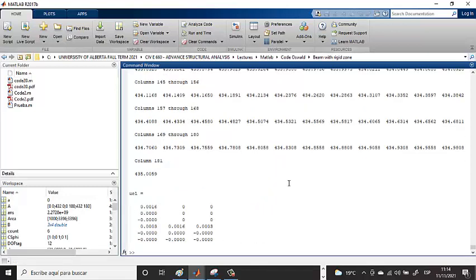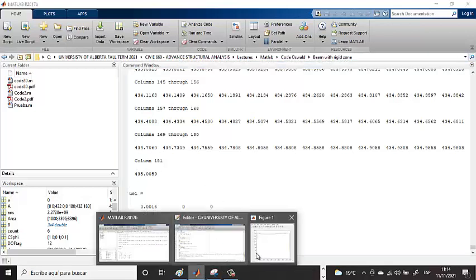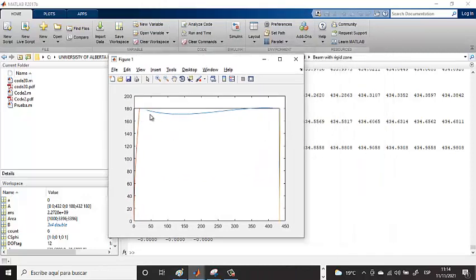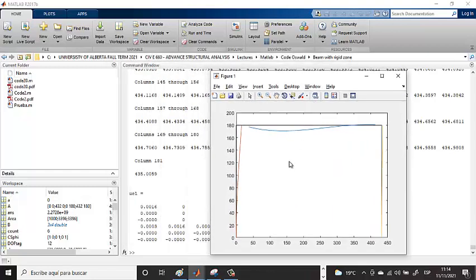Okay, so doing that, first of all, we can plot the graph of the deformed shape of the structure, and these are the rigid end zones here, and we will compare the results that MATLAB is giving us with the SAP 2000 software.